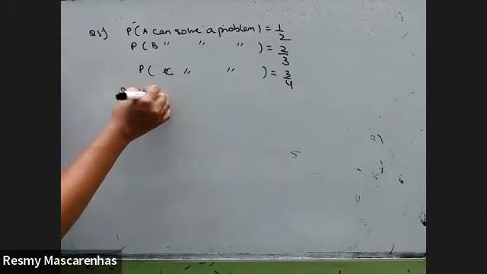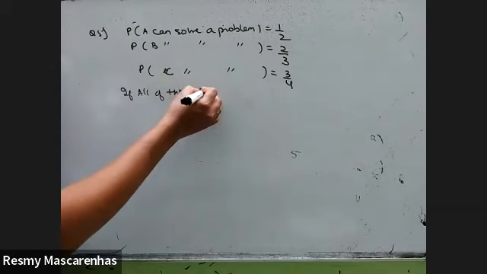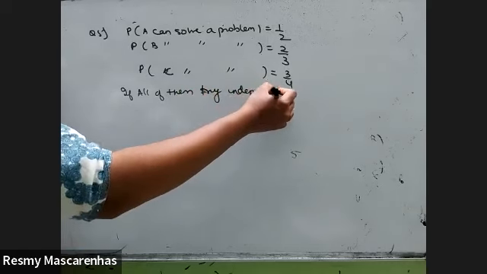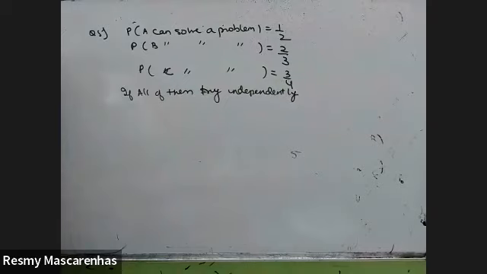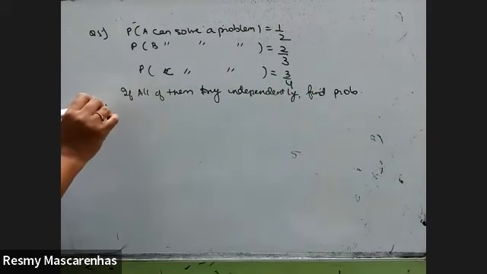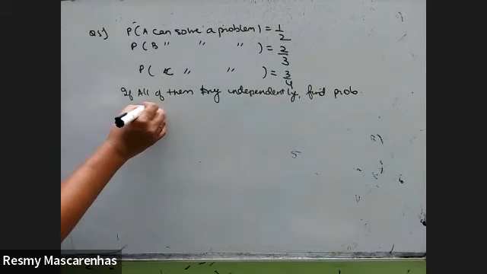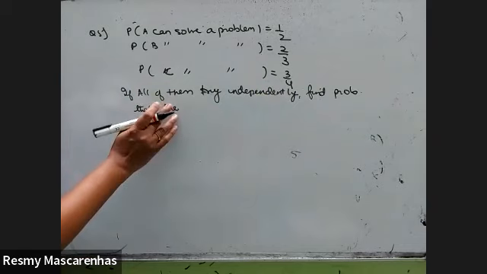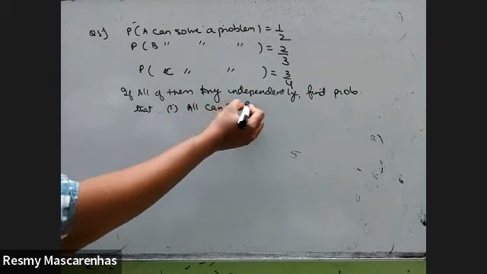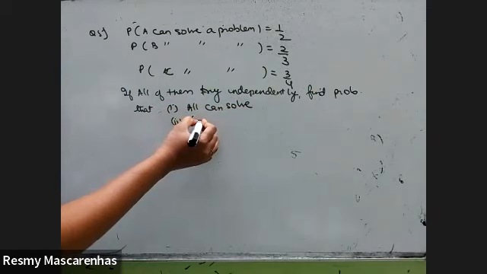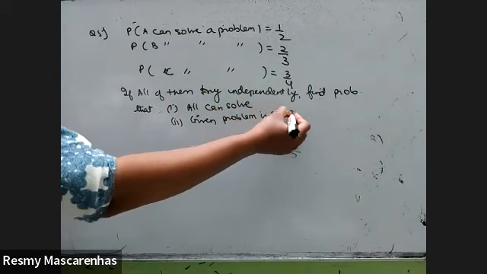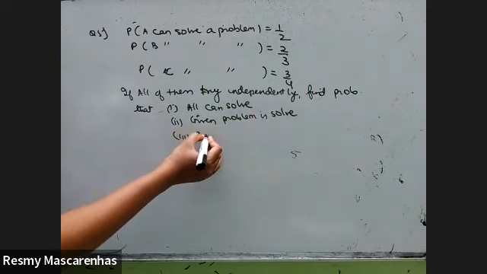If all of them try independently, find probability. First one is all can solve. Second one, given problem is solved. Third one is problem is not solved.